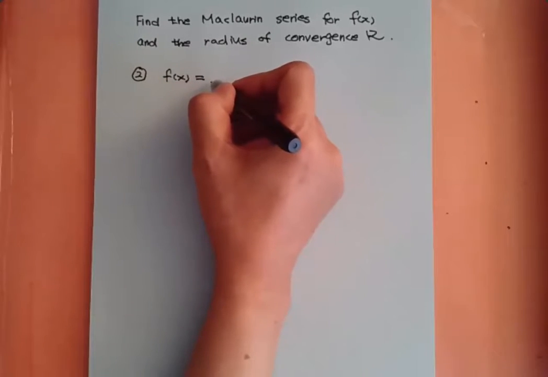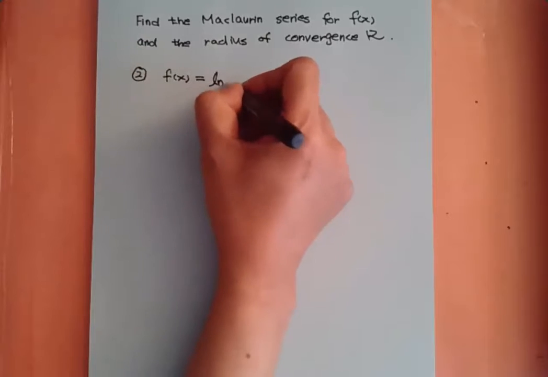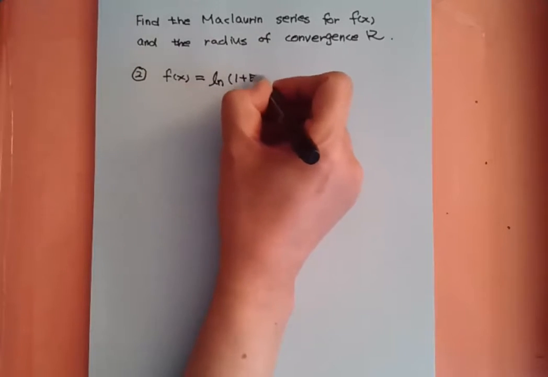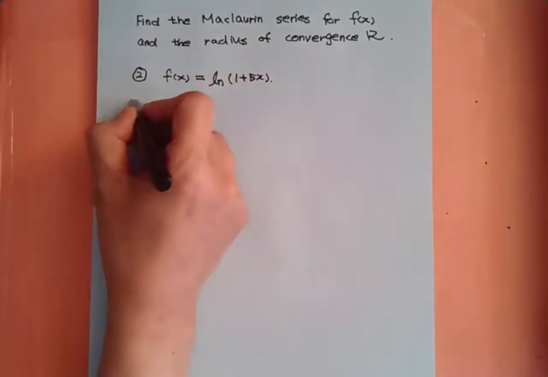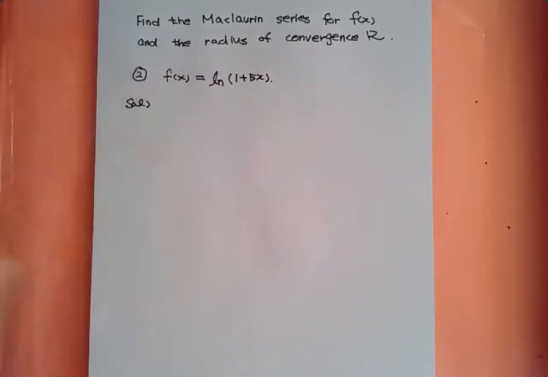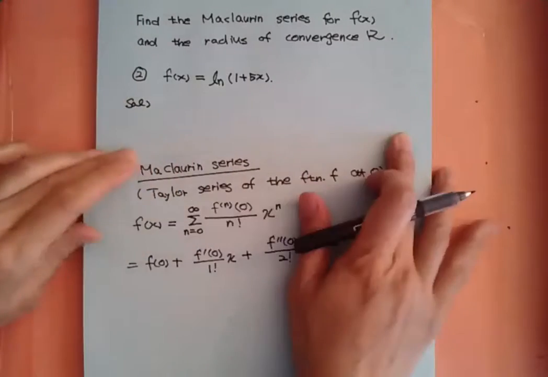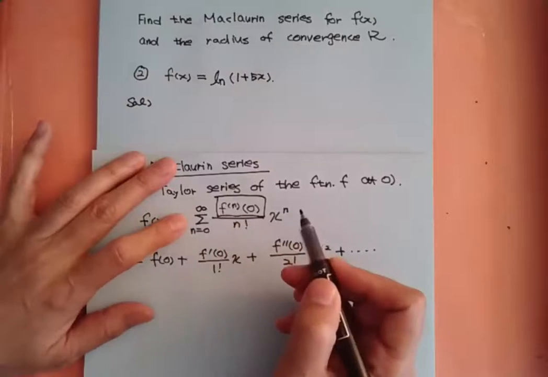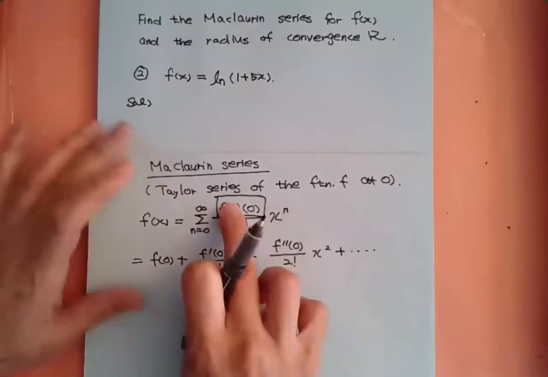So we did one example. The next example is f of x is natural log of 1 plus 5x. If you look at the formula, the part you have to calculate first is the nth derivative of f at 0, and then we will put that in this formula.